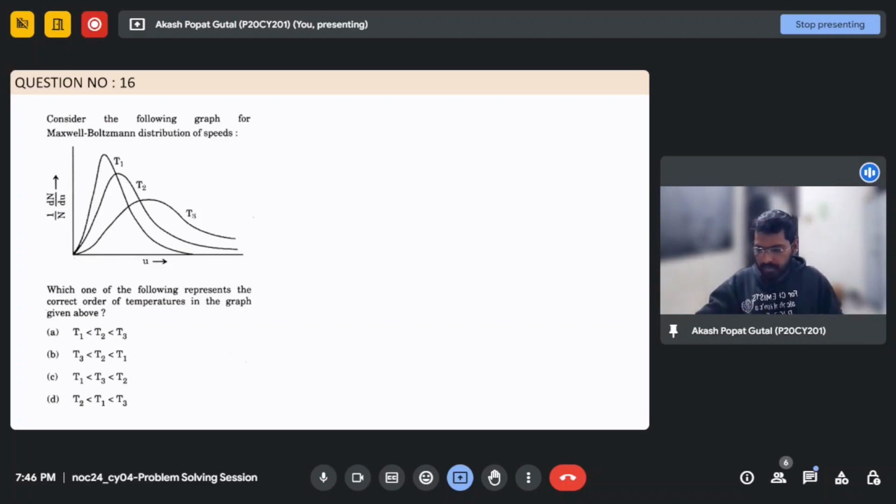The hint for this question is to use the concept of how the Maxwell-Boltzmann distribution depends upon the temperature.